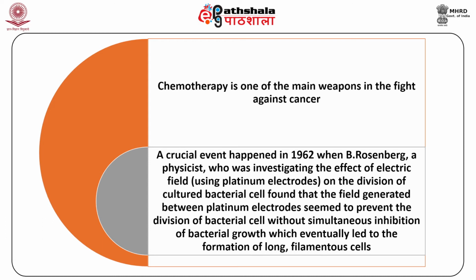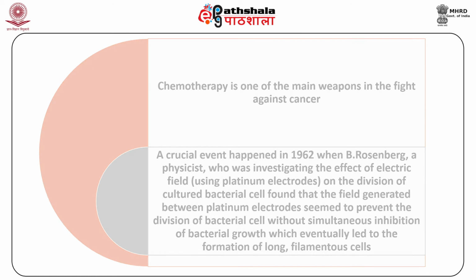A crucial event happened in 1962 when B. Rosenberg, a physicist who was investigating the effect of an electric field using platinum electrodes on the division of cultured bacterial cells, found that the field generated between platinum electrodes seemed to prevent the division of bacterial cells without simultaneous inhibition of bacterial growth, which eventually led to the formation of long filamentous cells.